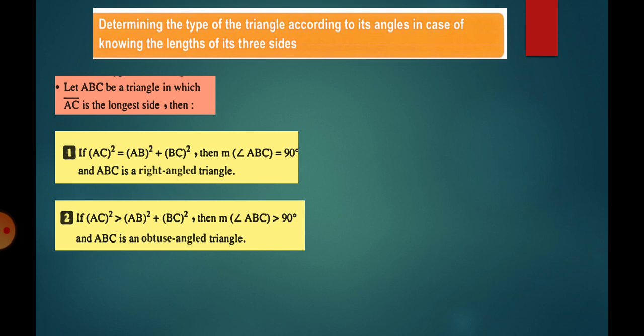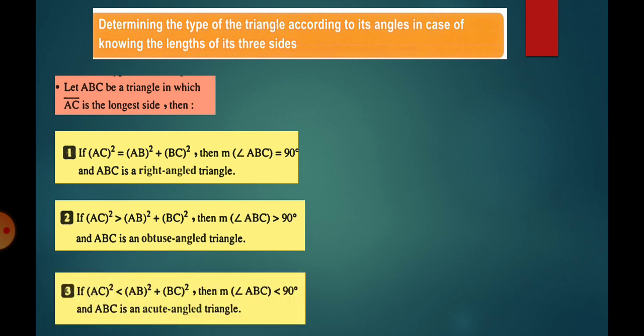If AC power 2 is greater than AB power 2 plus BC power 2, meaning the square of the longest side is greater than the sum of the squares of the two other sides, then this triangle is obtuse angled. And if AC power 2 is less than AB power 2 plus BC power 2, then this triangle is an acute angled triangle.